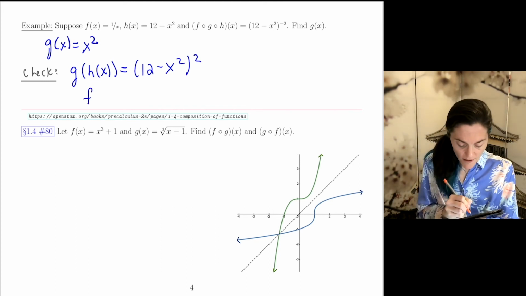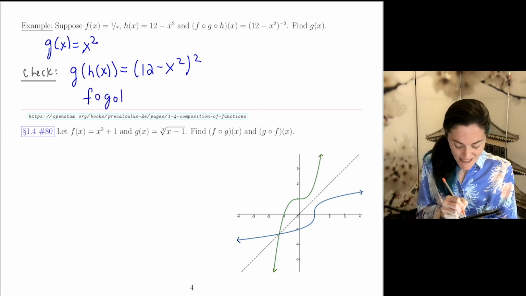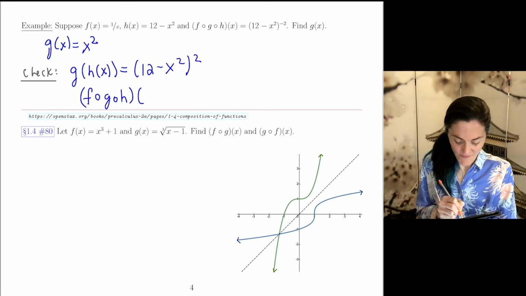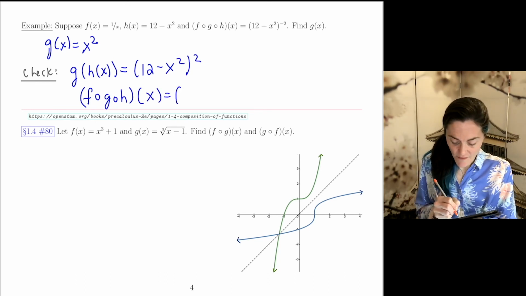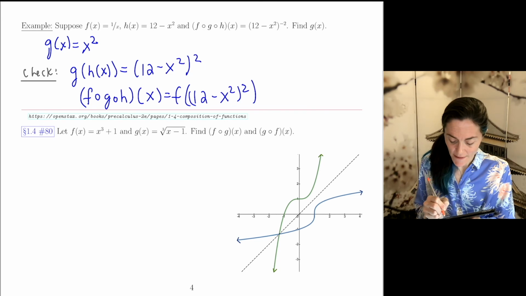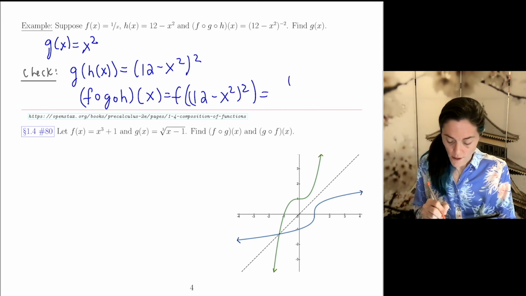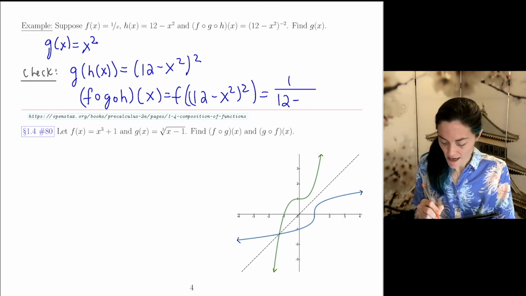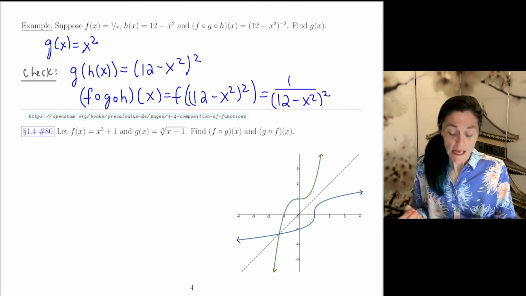Now take f compose g, compose h of x. This is just f of 12 minus x squared, quantity squared. And this is 1 over 12 minus x squared, quantity squared.